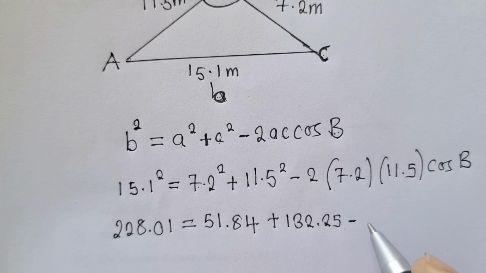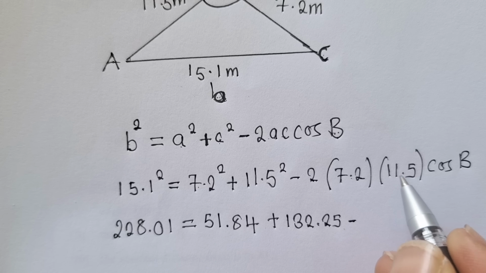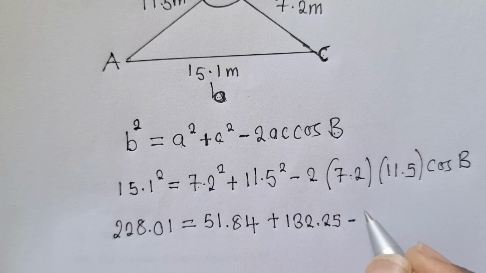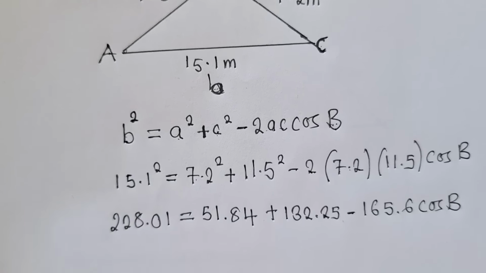Then we say minus, we now multiply 2 times 7.2 times 11.5, and we're going to get 165.6 cos capital letter B, this capital letter B.